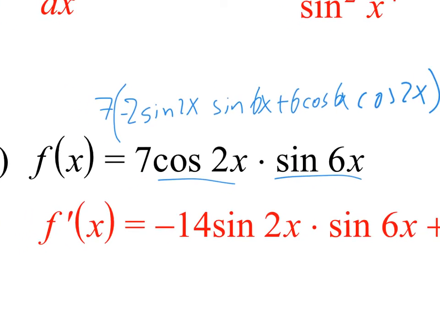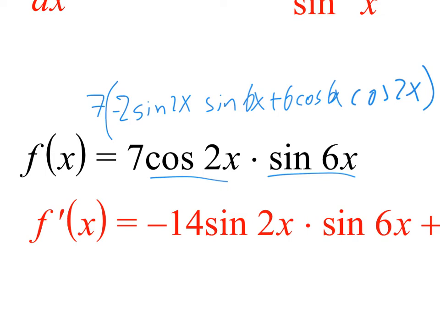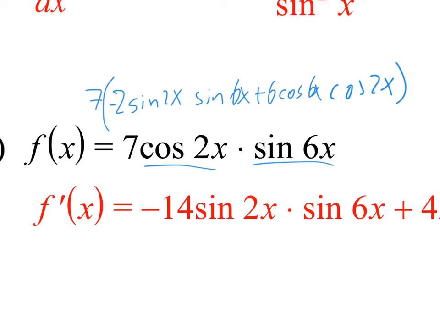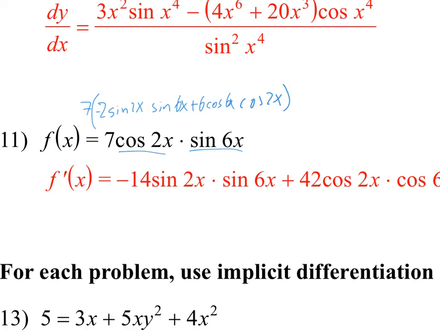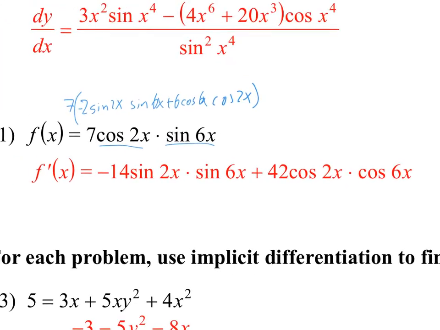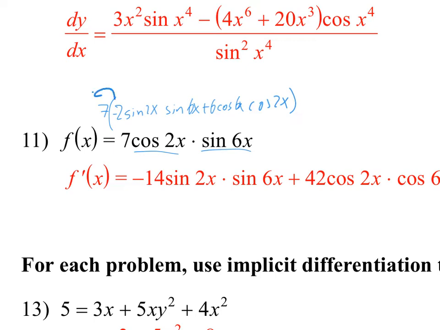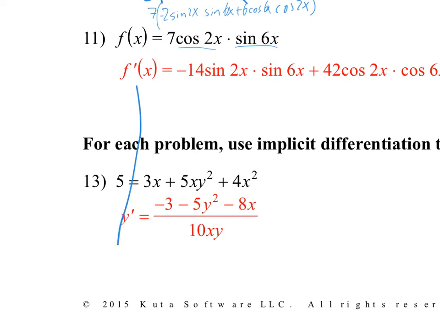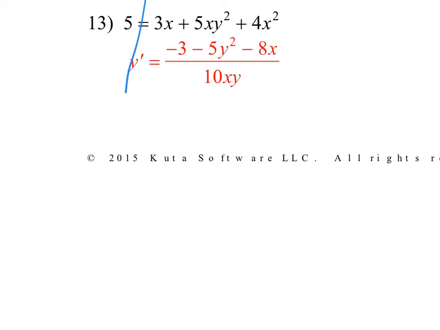And then you guys are just going to simplify it a bit, probably multiply it through, and that would exactly give you this answer. So if you actually multiply the 7 here and there, you should get the exact same answer. So let's move on to the next thing.